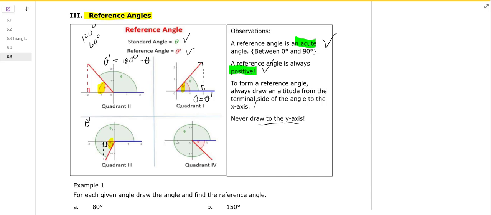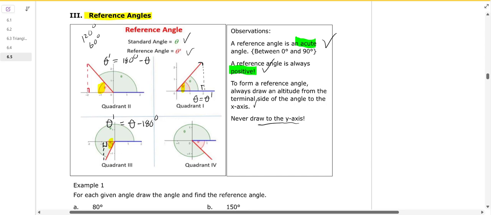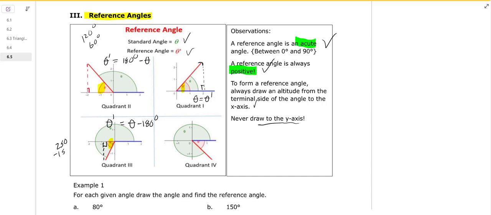What you would have to do is take this angle minus 180 degrees in order to get theta prime. So an idea on this would be, say this is a 280, not 280, that's too big. Let's say that you have 250 degrees. Well, then if you do 250 minus 180, you would get your 70-degree reference angle, okay?